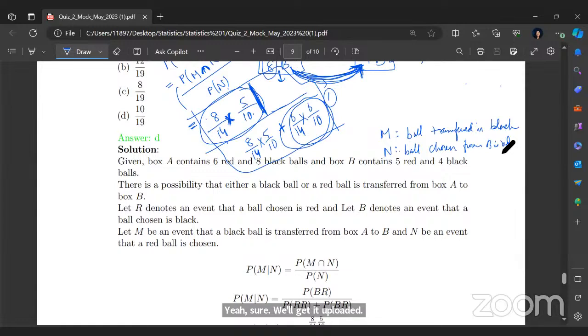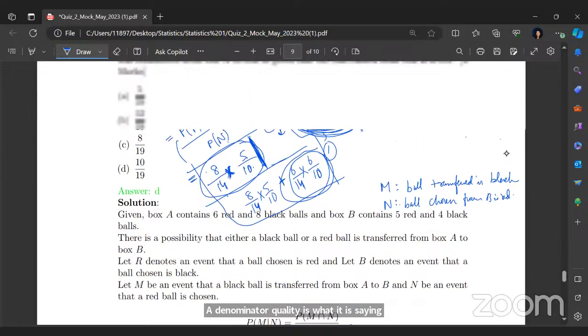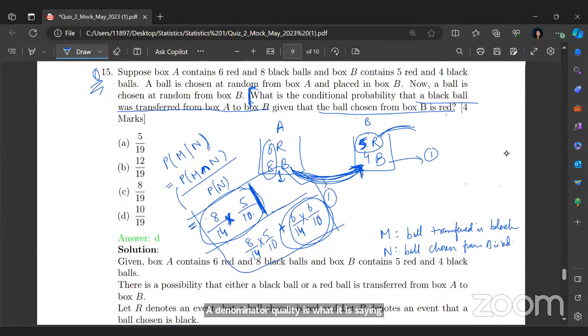Ma'am, what about probability of N? Probability of N, what it is saying is, first of all, what is N? N is that the ball chosen from box B is red, right?